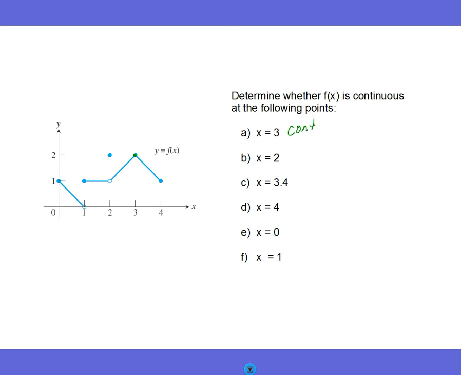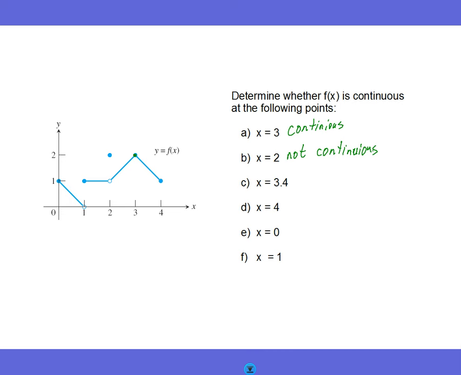This one is continuous, and this one is not continuous.